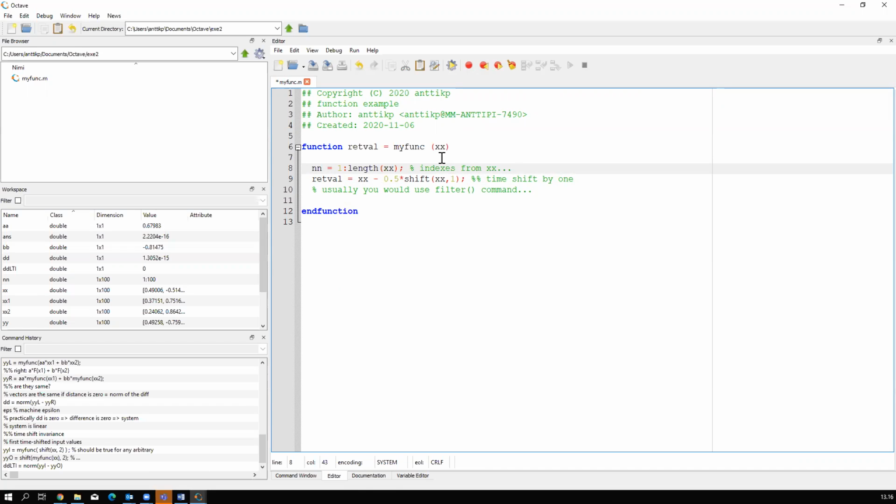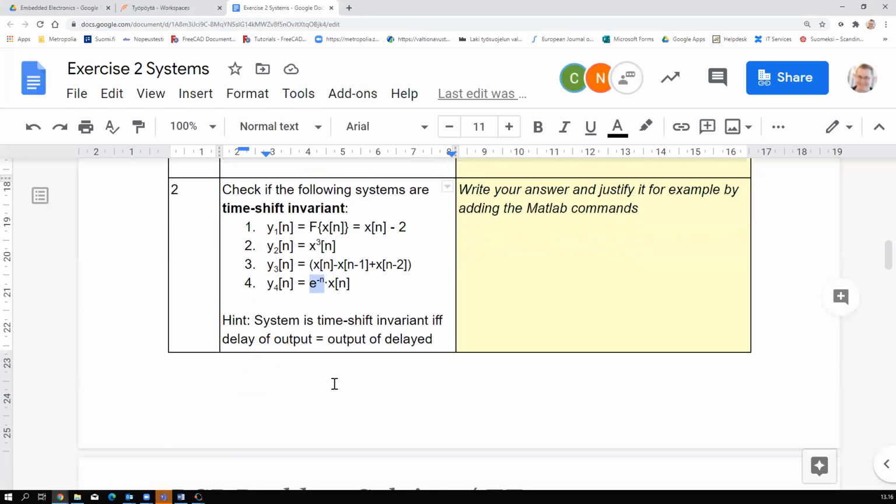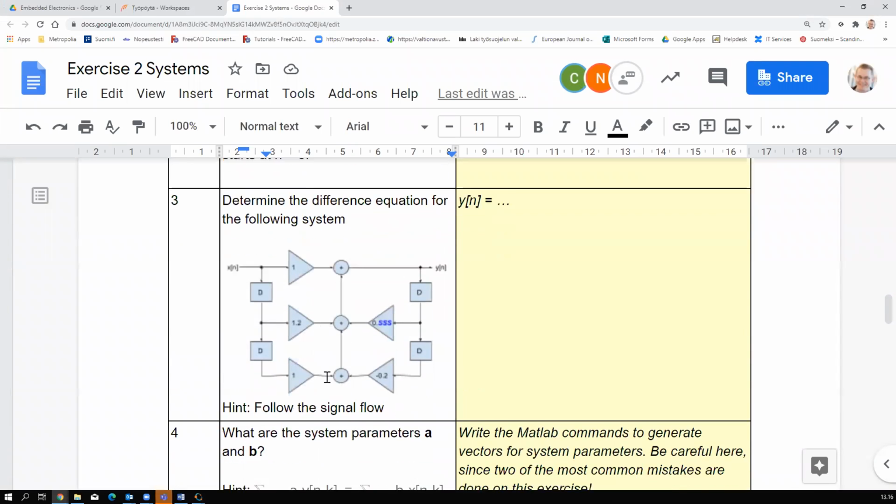So you cannot feed in the n to that formula. All right, so that is the hints for the first two parts.